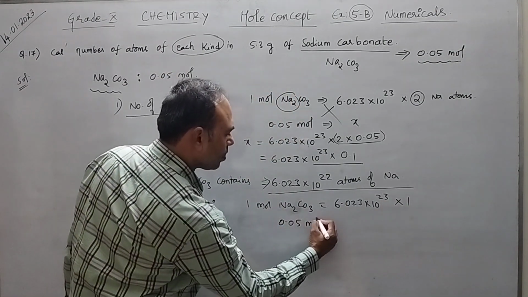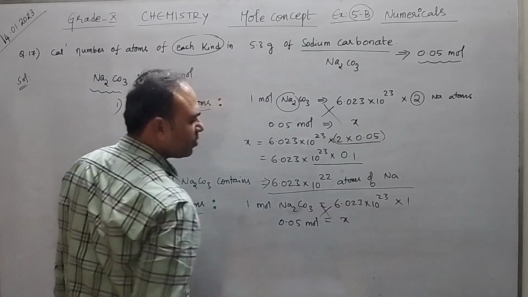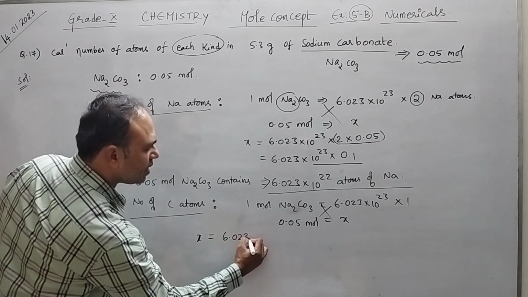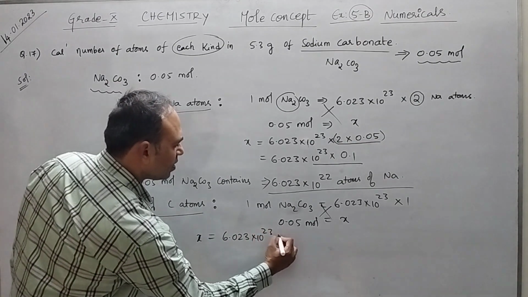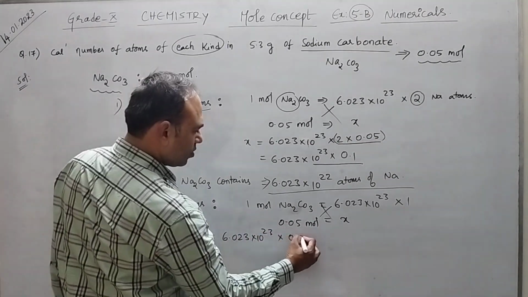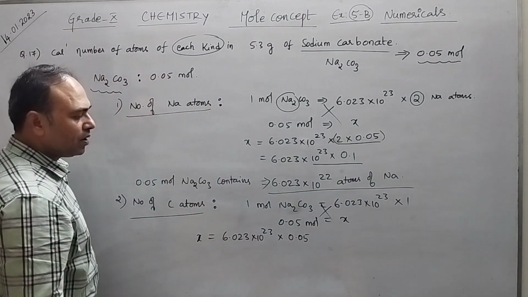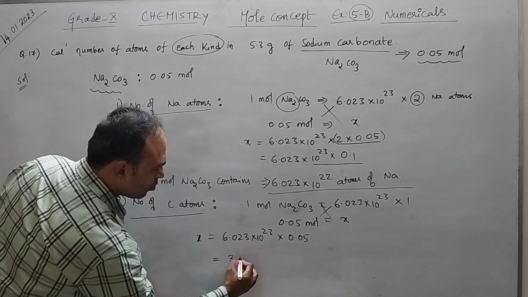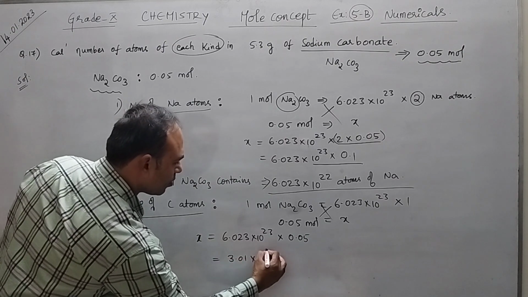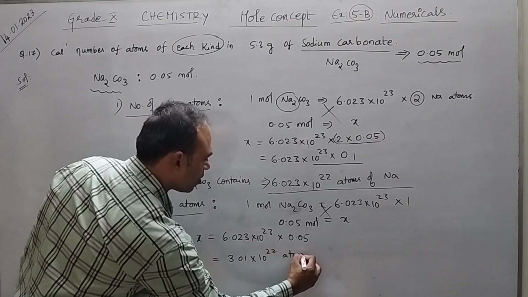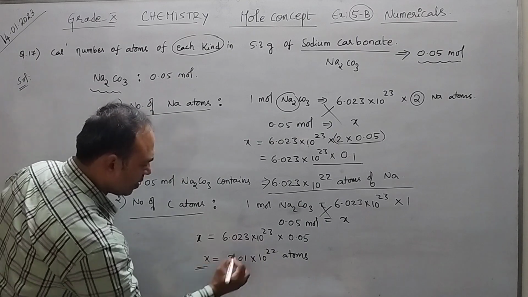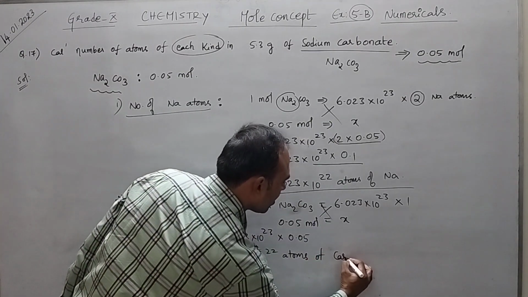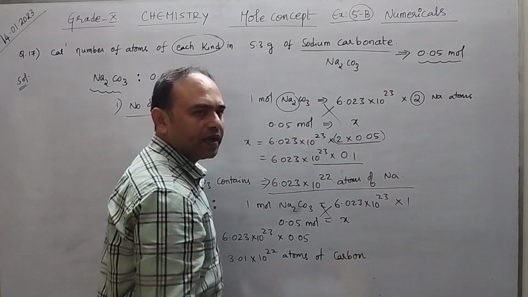For 0.05 mole, take it as X, cross multiply. So X is equal to 6.023 into 10 to the power of 23 into 1 into 0.05. The answer will be 3.01 into 10 to the power of 22 atoms. So that is the number of atoms of carbon. Make a note of this.